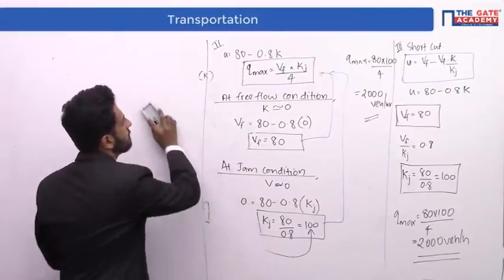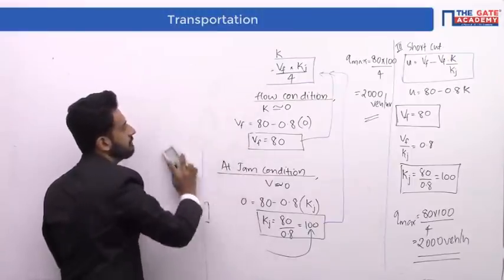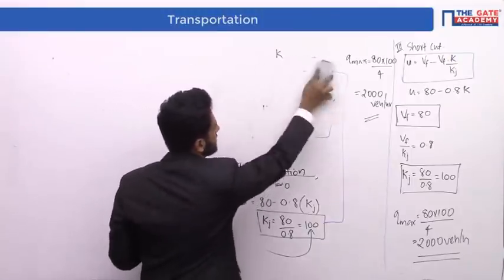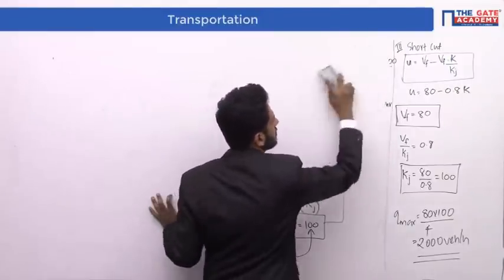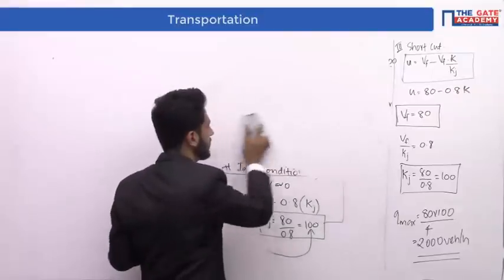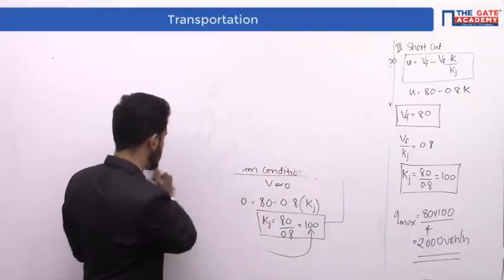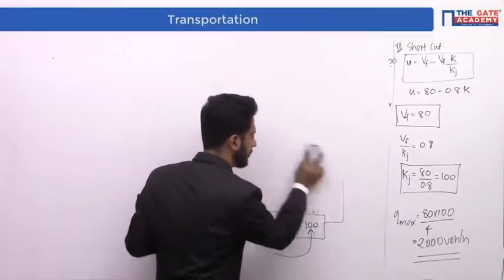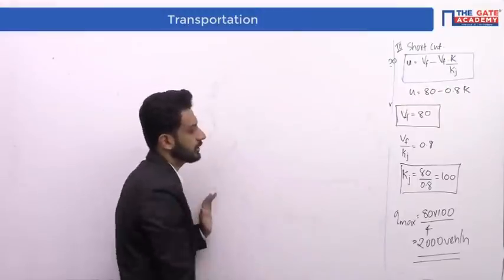Vf into Kj by 4. Now we found out the value of Vf and the value of Kj. Vf is the speed in free flow condition, where density will be almost 0, and in jam condition speed will be almost 0, and we found the value of Kj and substituted in the equation.